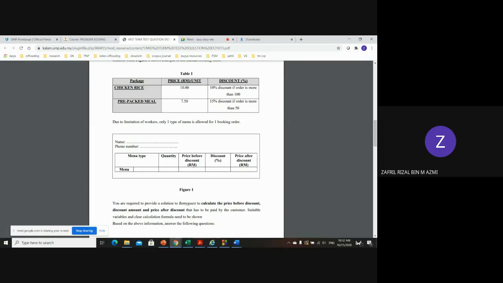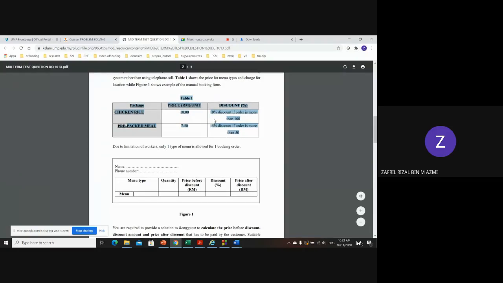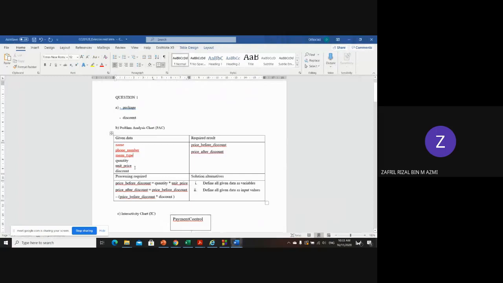You can see over here, this should be a decision. So where can we get this decision? In table 1. That's why you need to copy table 1, the table of the decision. Copy the decision and put it inside your PAC.